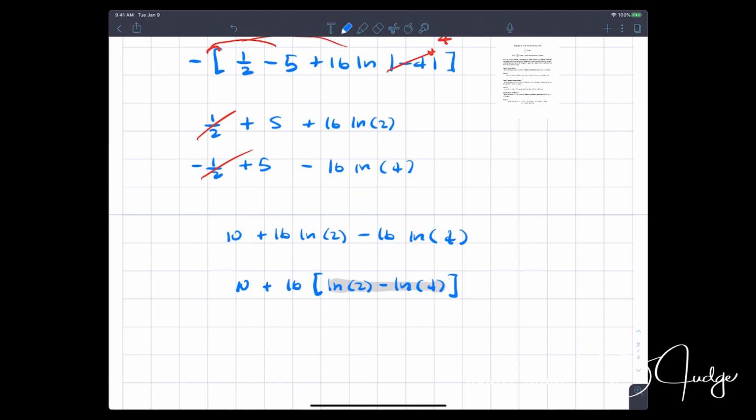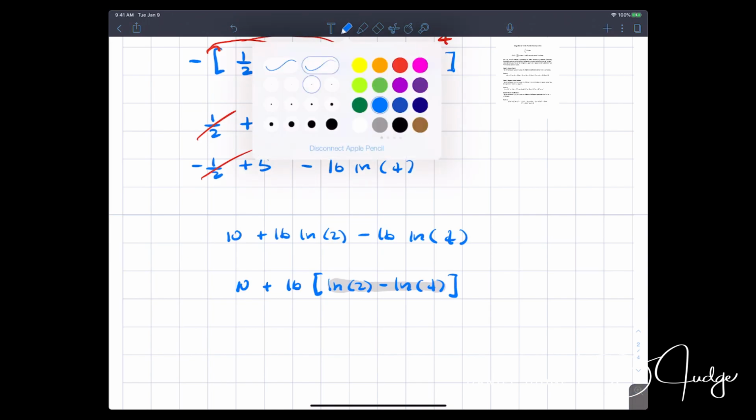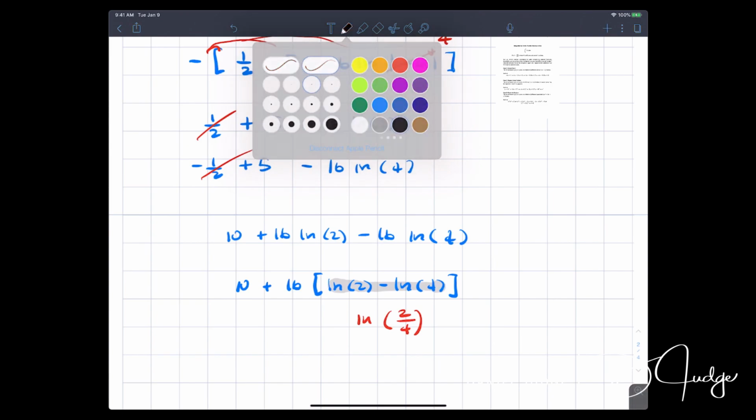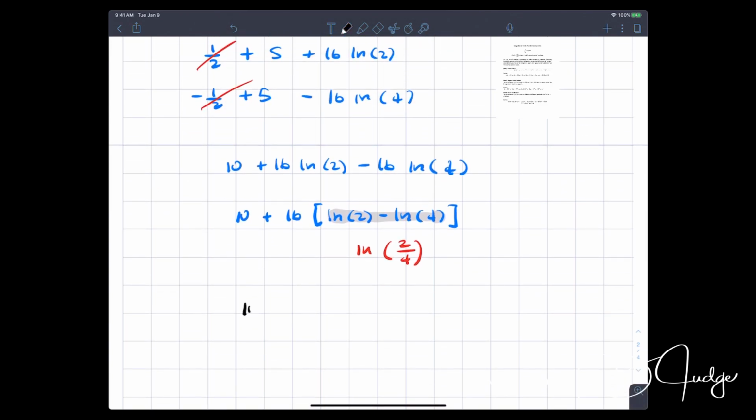This is called the quotient rule. So this becomes natural log of 2 over 4, which is really 1/2. So when you look in back of the book, do I see 10 plus 16 natural log of 1/2 as an answer?